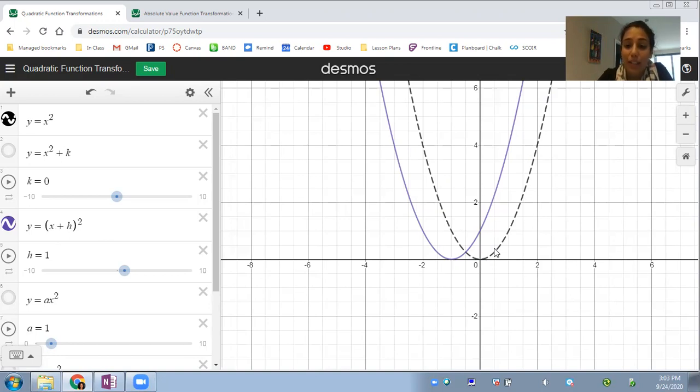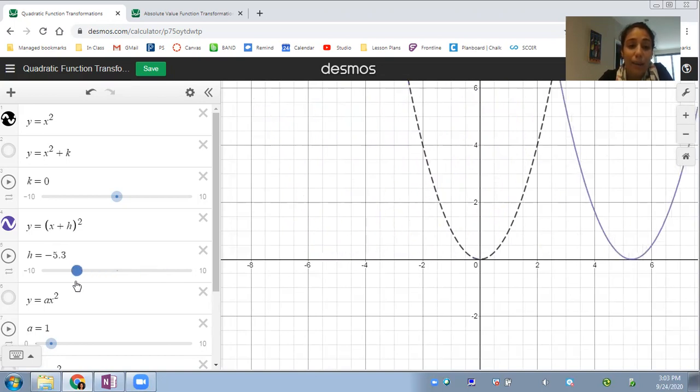The way that I always like to think about it is, this is your x, right? When it's affecting your x, you think about like an ex, boyfriend or girlfriend or whatever, right? If you have an ex, they usually do the opposite of what you want them to do. So you think about when it's affecting the x, it's doing the opposite of what you want it to do. So if I have x plus 5, it is going to the left 5.